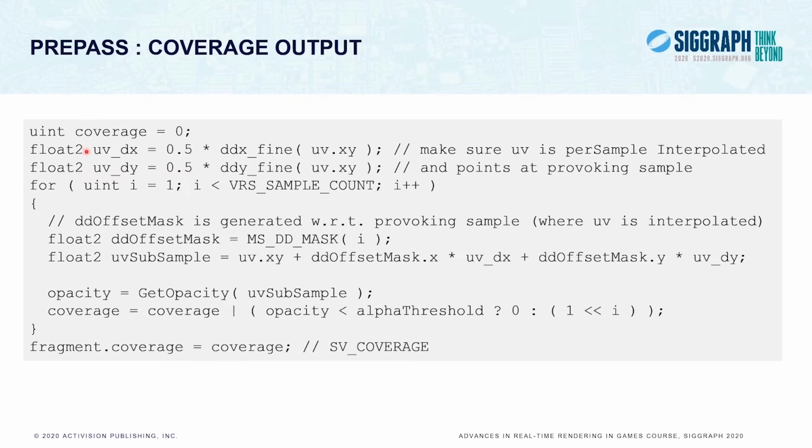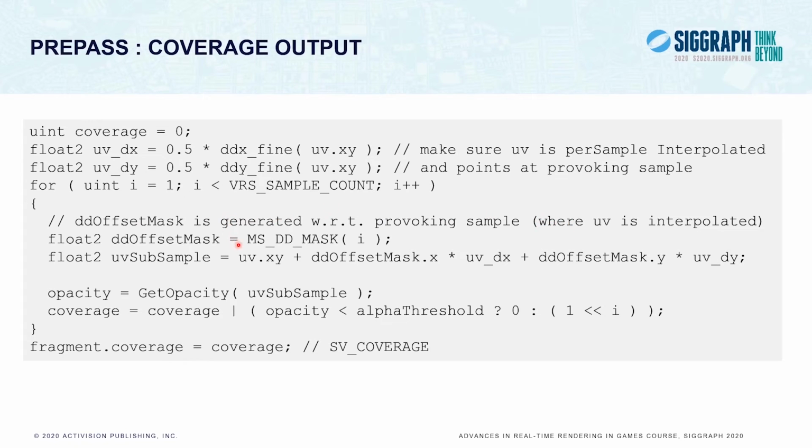So basically, first we need to get our UV coordinate derivatives over x and over y. It's important to remember the scale on them. In an MSAA setup, your gradients are going to be twice as large as they would be in non-swizzle rendering, so we need to multiply them by half. Then we have something we call the derivative offset mask, which is generated with regards to the provoking sample, so basically where the UV is interpolated at.